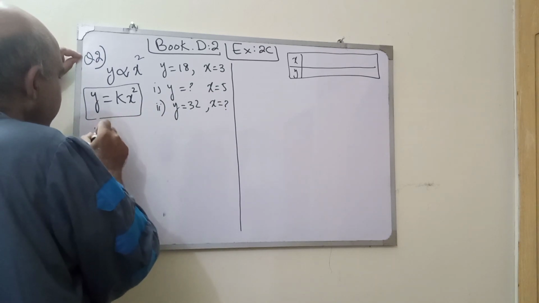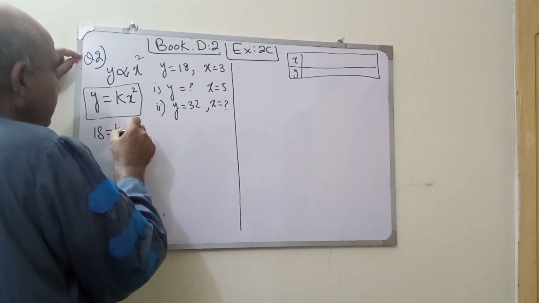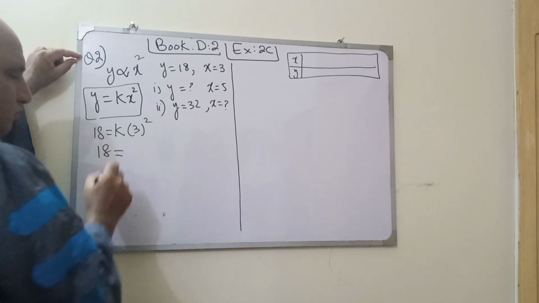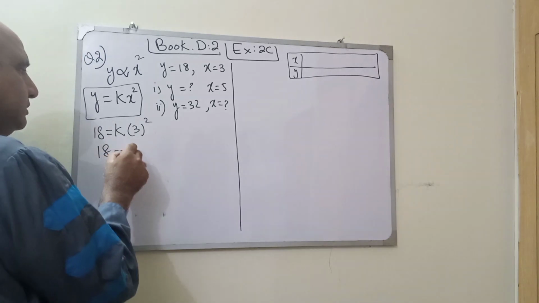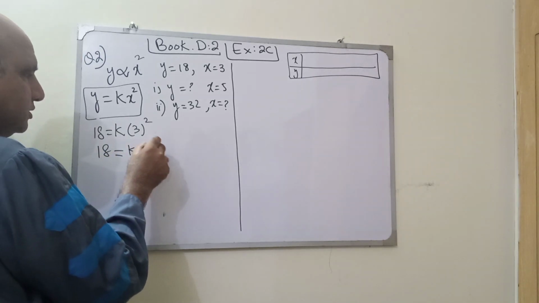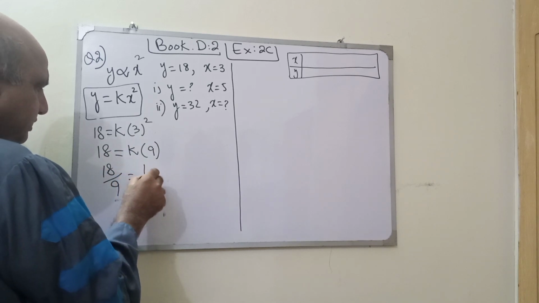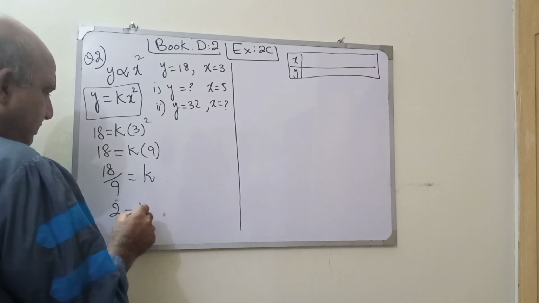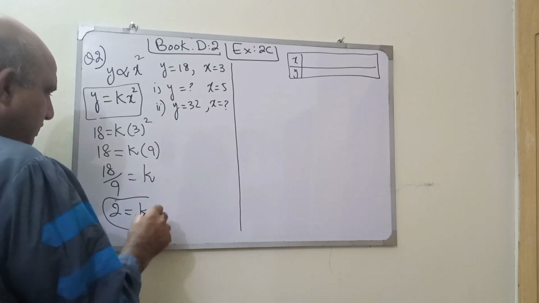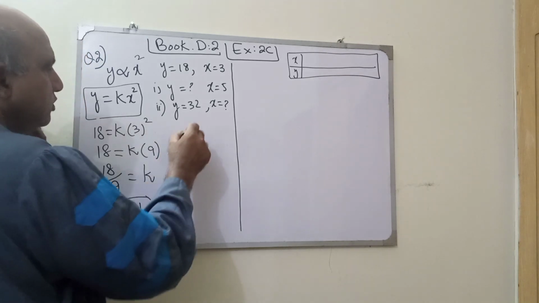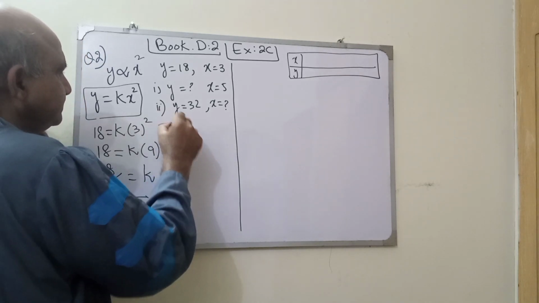So here y is 18 and x is 3 squared. So 18 is equal to k into 9. So 18 over 9 is equal to k. So 9 2s are 18. So k is equal to 2. Right?